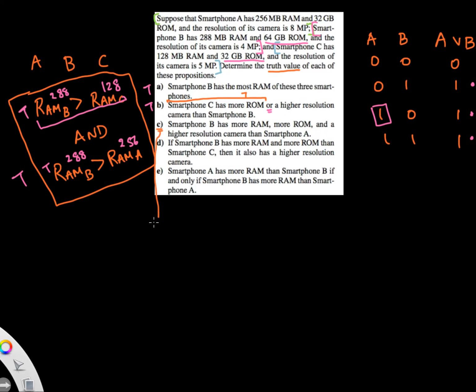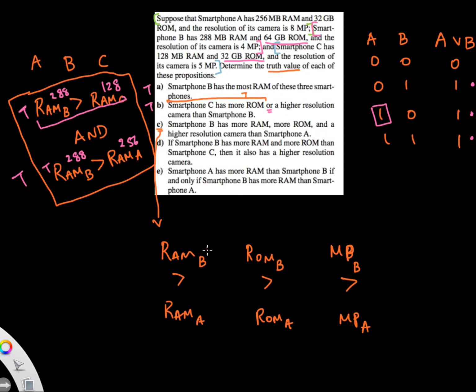So if I look at C here, I'm applying the conjunction where smartphone B has more RAM, the RAM for smartphone B, and the ROM for smartphone B, and the camera megapixels, the MP for B, is greater than smartphone A, meaning this is greater than the RAM for A, this is greater than the ROM for A, and this is greater than the megapixels of A. And again, keep in mind that I'm looking at the conjunction operator, so this entire box.